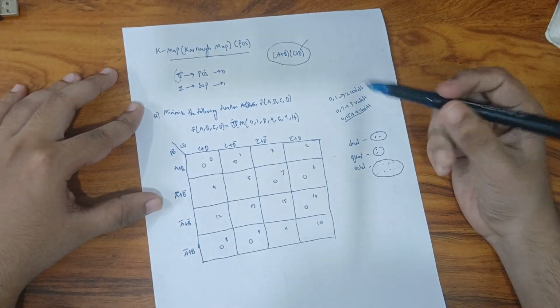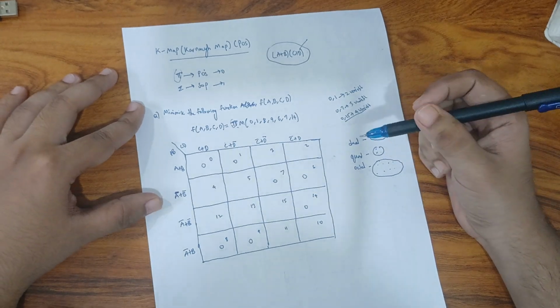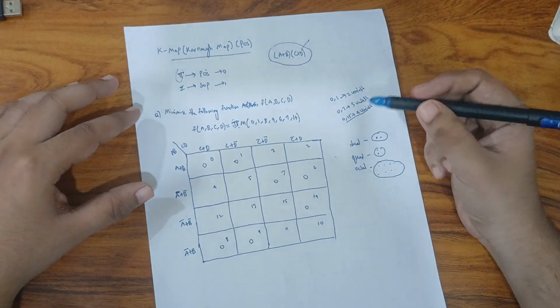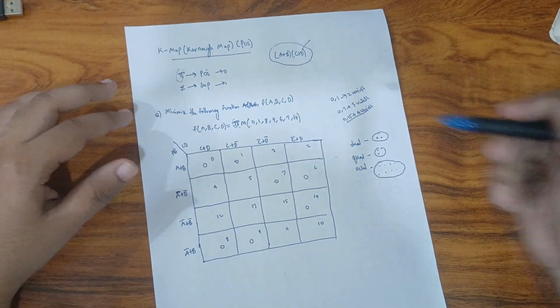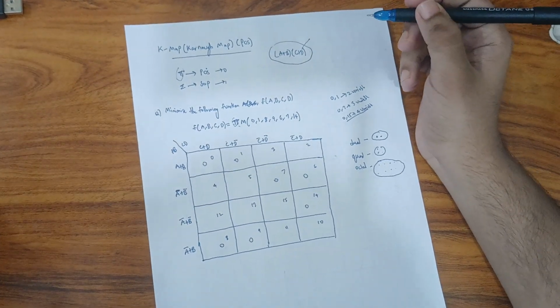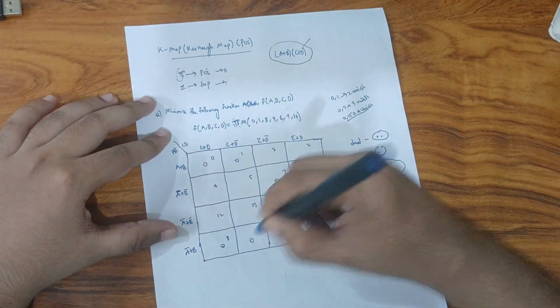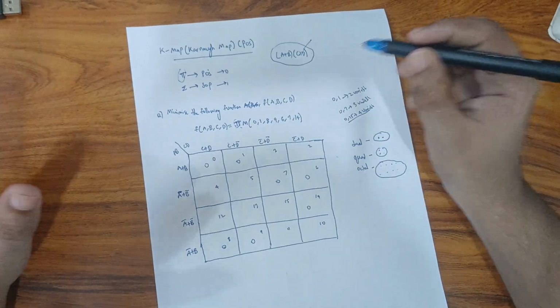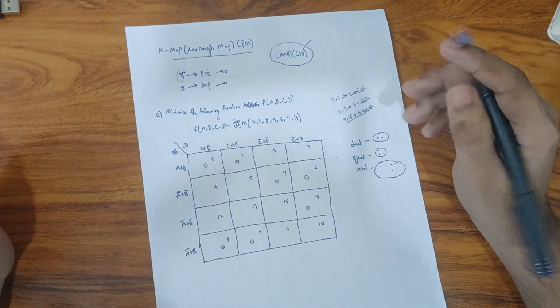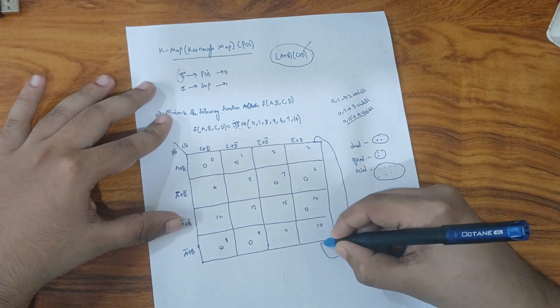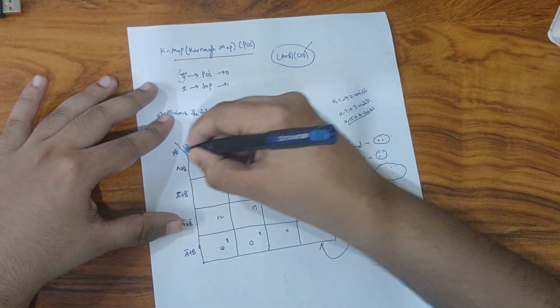So have a look at the kmap right now, and let me see if you can find any adjacent stuff. As a beginner, if you haven't watched the previous video, you will almost come to a conclusion that these two are duals, but you're wrong. I already told you in the last video that these two are adjacent to each other, and these two are also adjacent to each other.